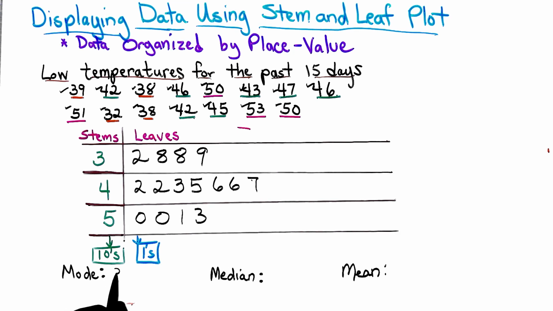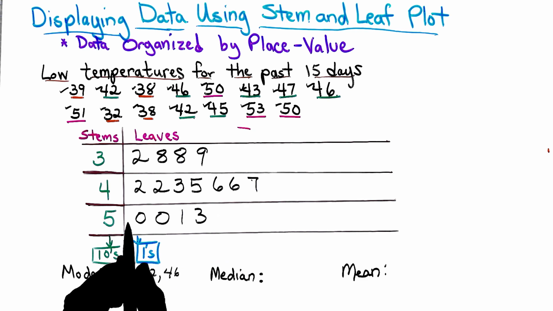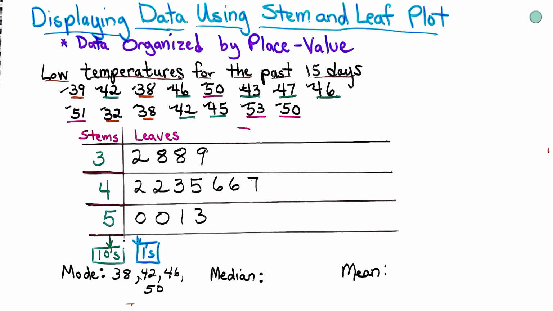So when you have that situation, we have 4 modes. It's not uncommon for you to have more than one. 4 is usually a lot, but in this situation, I guess not.